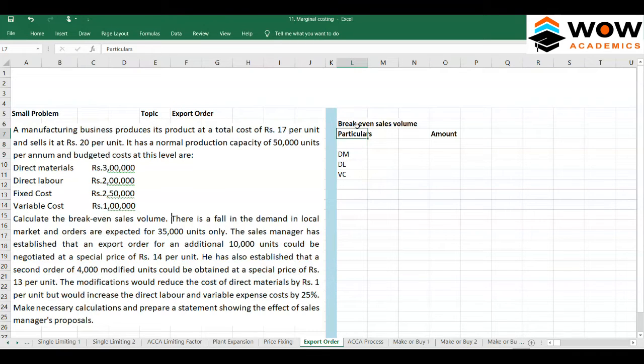Okay, volume is units. So we'll find out sales. Sales is 20 rupees, and these elements we have to divide separately. So this 3 lakh amount is for 50,000 units, and direct labor is 2 lakhs.